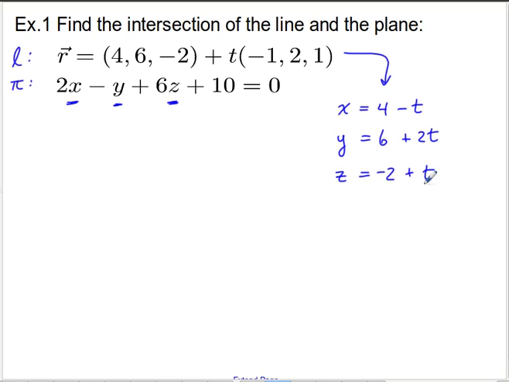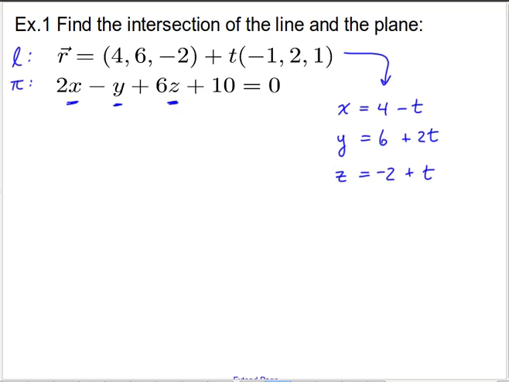That's going to tell me the particular t value where this line crosses this plane. It's going to tell us the particular value of the parameter t that we can plug into this line and find the point of intersection. Of course, that depends on this actually working.